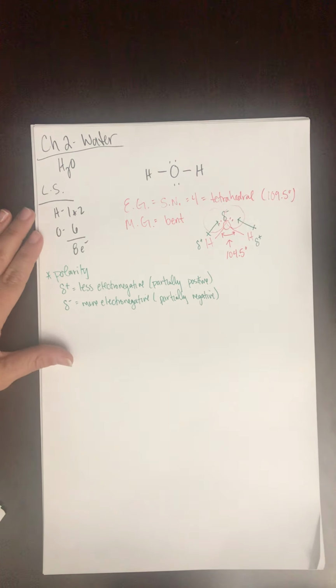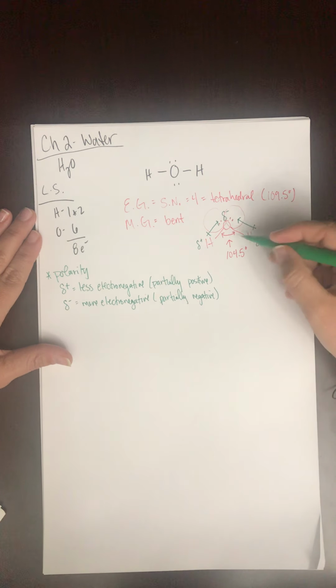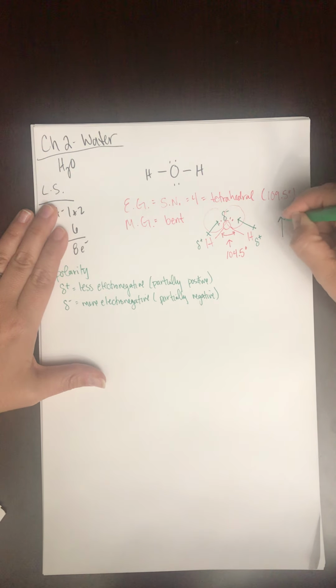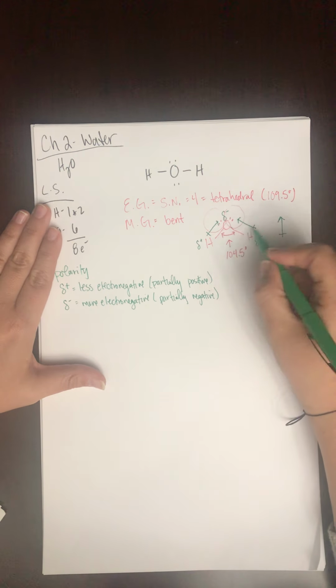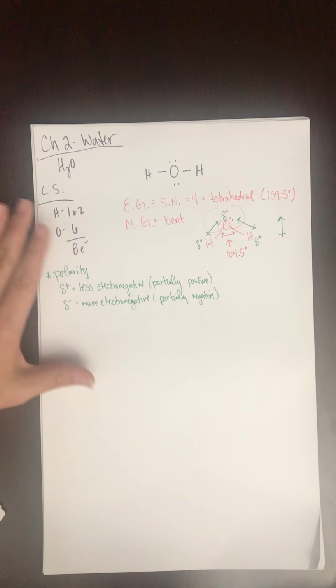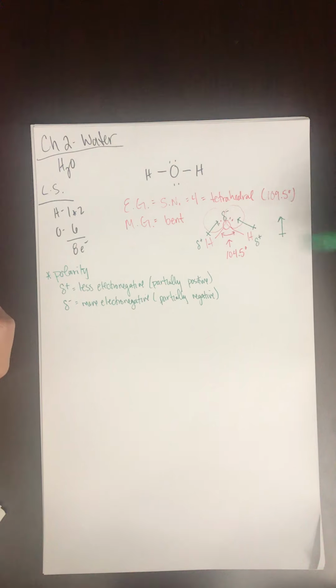So the vectors would look like this. These are the vectors of the bonds, and then to see the overall polarity of the molecule, you add them together. If you added these two vectors together, you would get an overall net vector in this direction. So this is how we know that water is a polar molecule.